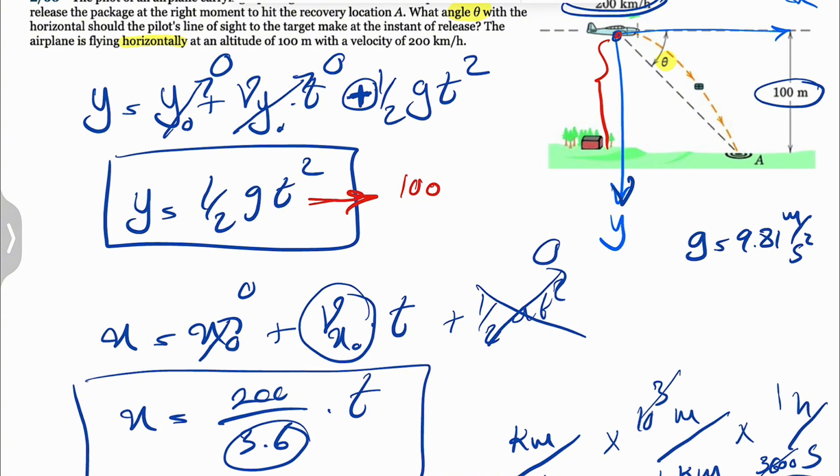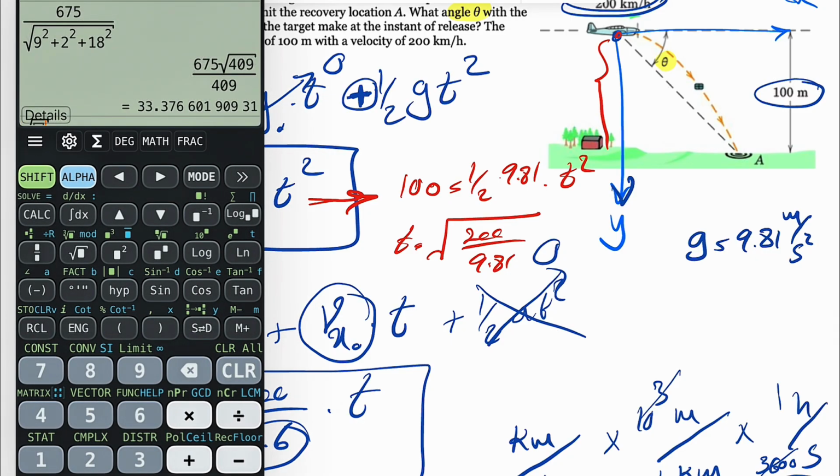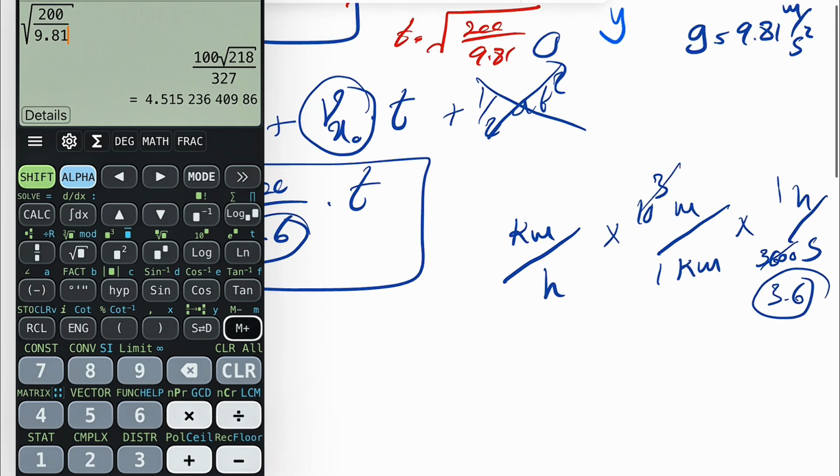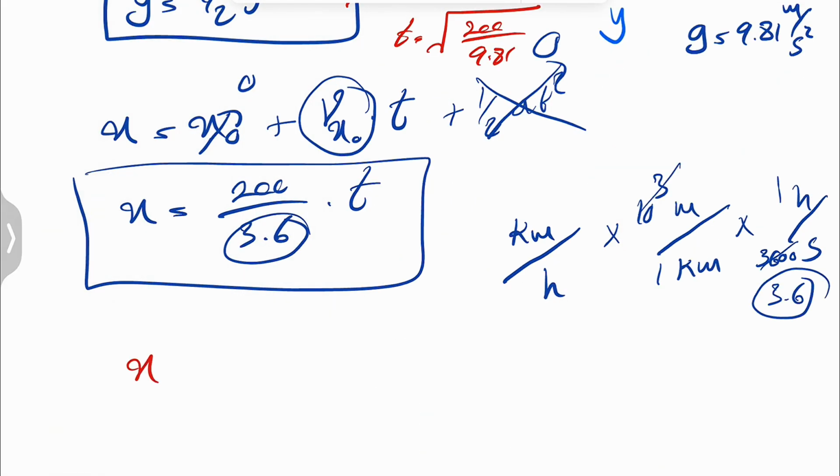So 100 meters is equal to 1/2 times 9.81 times t squared, so t would be the square root of 200 divided by 9.81. Let's see what we get. The time would be this value here.